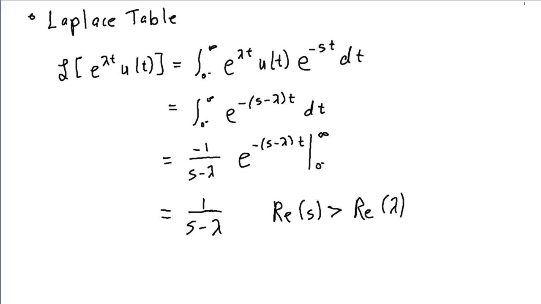In a similar manner, we can find some other transforms by just a direct evaluation of the integral. The Laplace transform of the unit step is just a special case of the previous problem. We just evaluate this with lambda equal to 0, and we immediately get 1 over s.